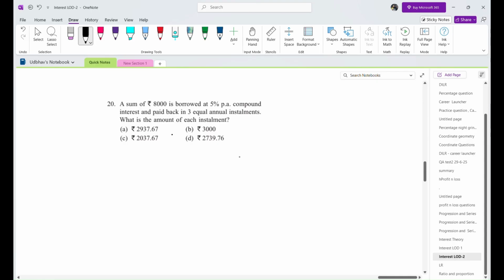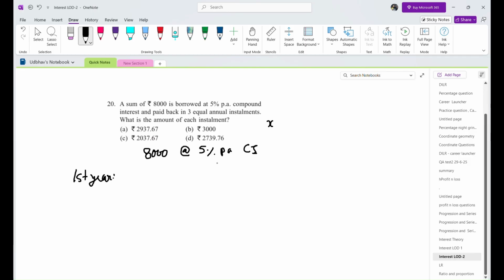Let's say the amount of each installment is X. So we are paying back X rupees each year. Let's try it from the first year. What will happen in the first year? A sum of 8,000 is borrowed at 5% per annum compound interest, and paid back in 3 equal installments.